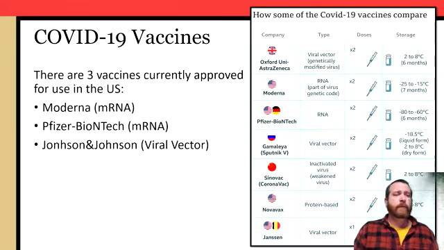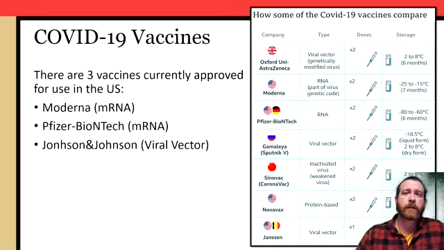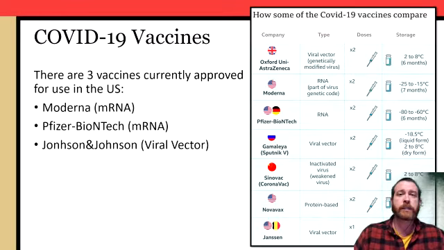So the vaccines that we have on deck, there's a bunch of vaccines internationally. These are all the ones that are actually kind of currently in use. It's changing every day. I had to update this lecture 2 days ago because stuff changes.